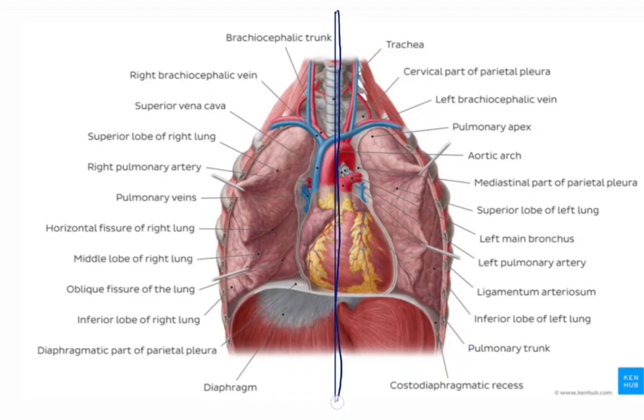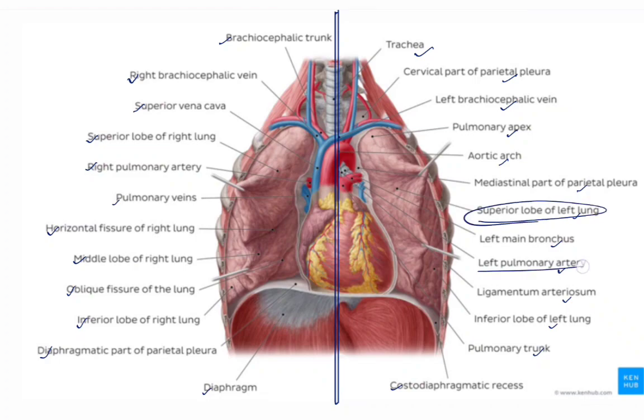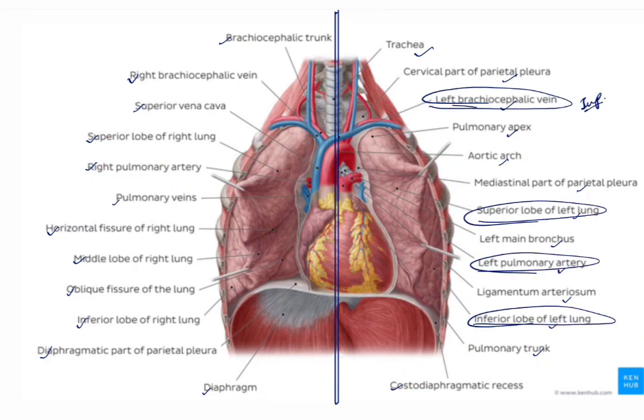Now as you can see here in the image, these are the relations of the right and left lung with the trachea, cervical part, brachiocephalic vein, aortic arch, superior lobe, pulmonary artery and pulmonary veins, superior vena cava, brachiocephalic vein. These are all the relations of the right and the left lung.